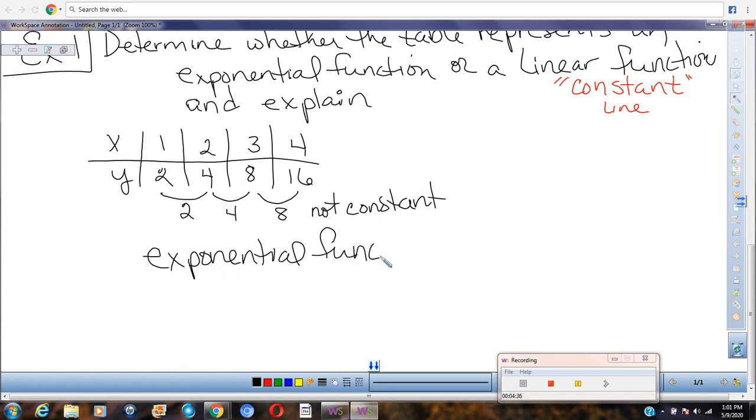A better way to tell would be to plot these points. So let's do that. If it were a linear function, it would fall in a line. If it's an exponential function, it makes a curve that will increase quickly. The first point we have is (1, 2), so 1 and up 2. Then (2, 4), (3, 8), and (4, 16).